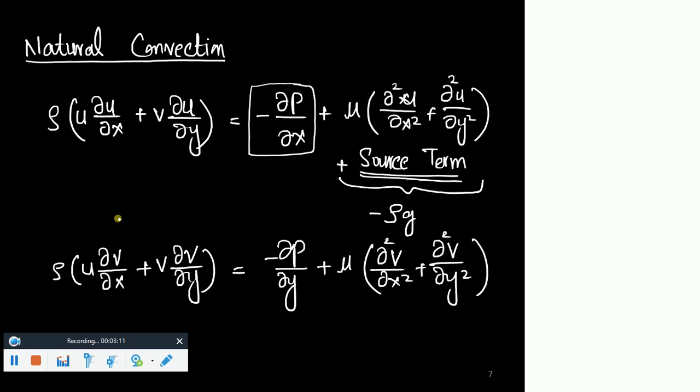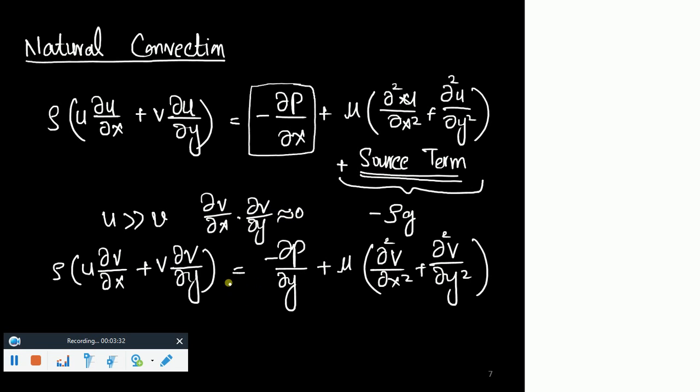So because we have already taken the assumption that in natural convection, although it's a complex structure to talk about, still u is much greater than v. Okay, similarly partial v by partial x and partial v by partial y, they are almost zero.